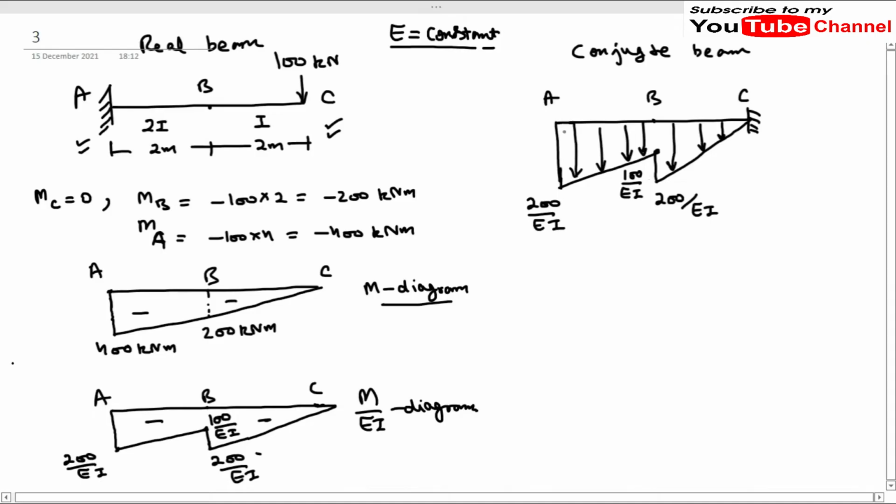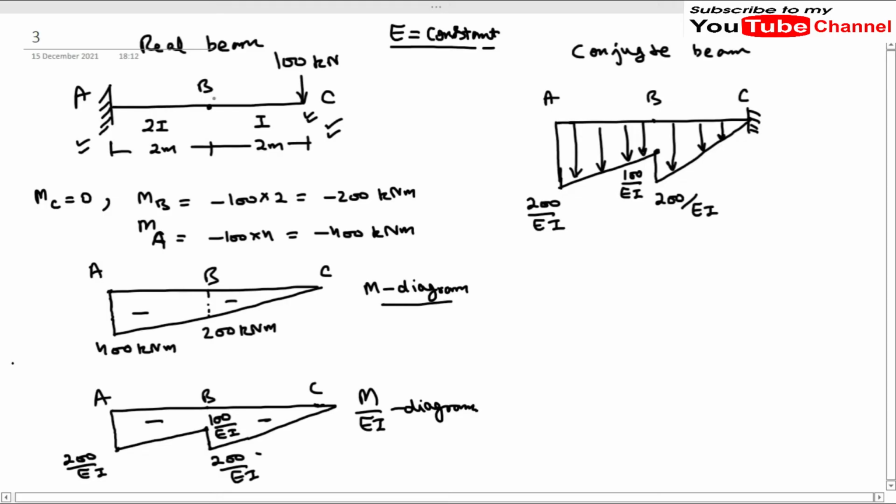Now in the question, it is given that we have to find out the slope and deflection at B, and the slope and deflection at C. In our previous video, we have discussed clearly that if we want to find the slope at a point in the real beam, then we have to find the shear force in the conjugate beam.